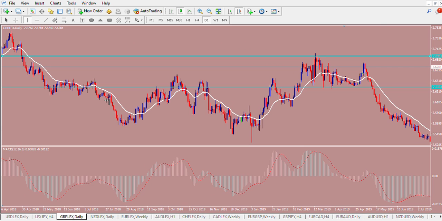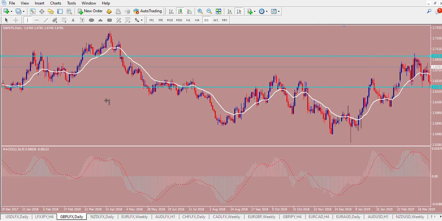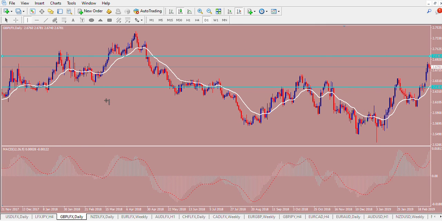No, this is not a better one. Yeah, this is a better one. Now look at this. This divergence started from this point, from this low, as you can see, and this was the low.